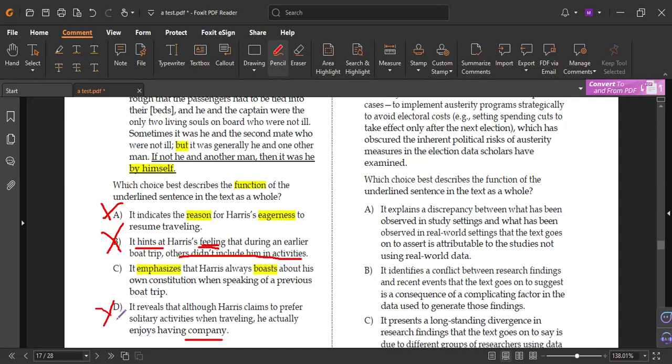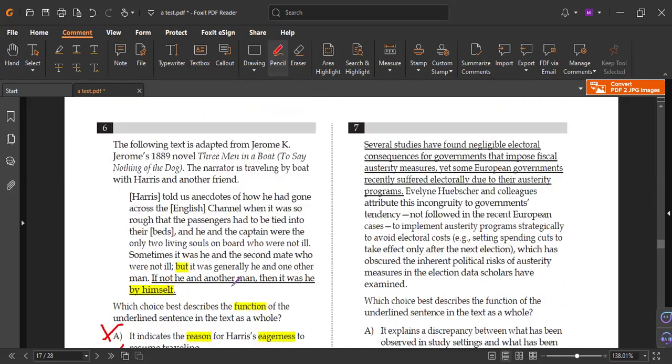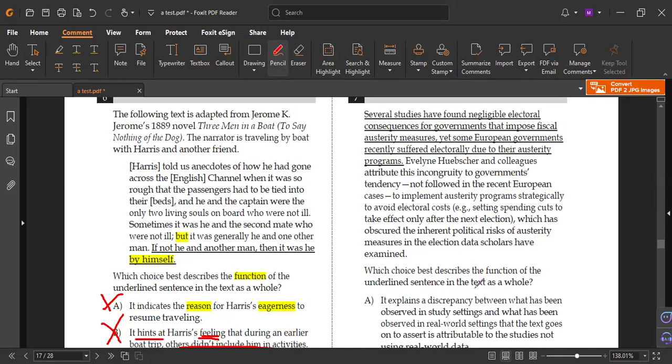So letter D is wrong. He emphasized the boast, and boast means to feel proud about themselves. Did you catch it? Yes. Right. Now number 7. Here's the function again.